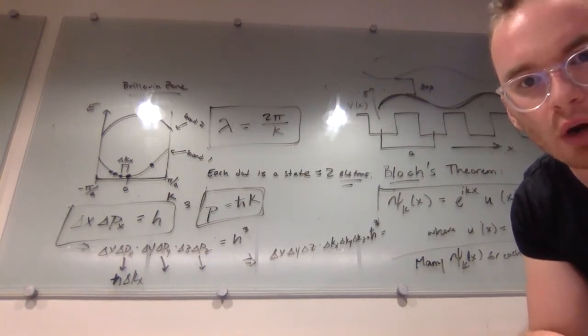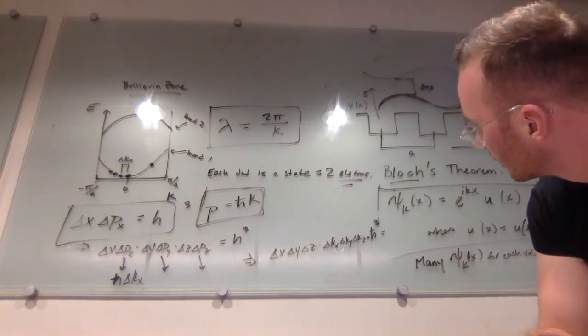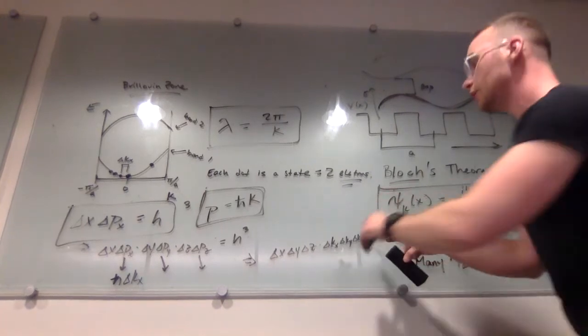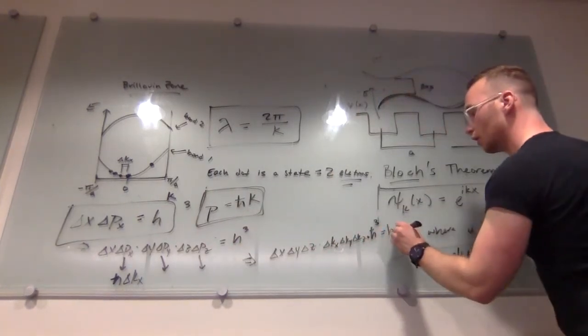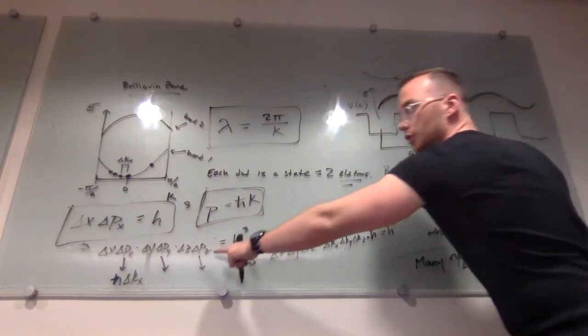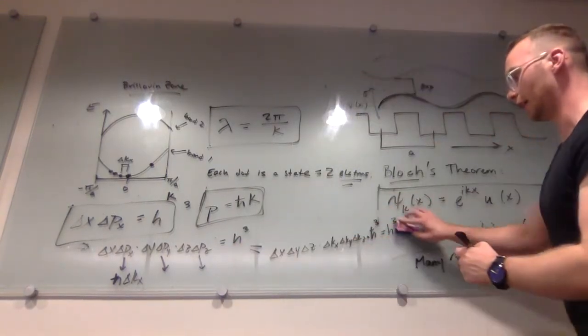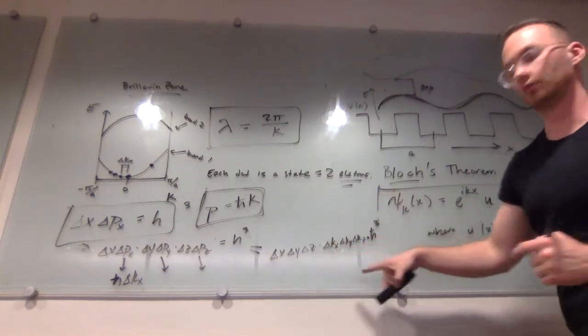So we want to show that this is equal to h cubed, because that was just this. Those are equal.